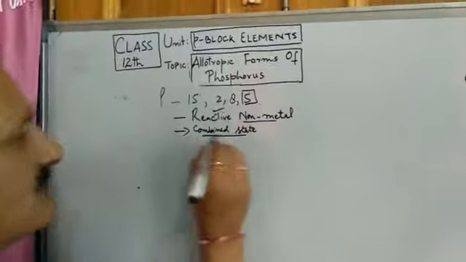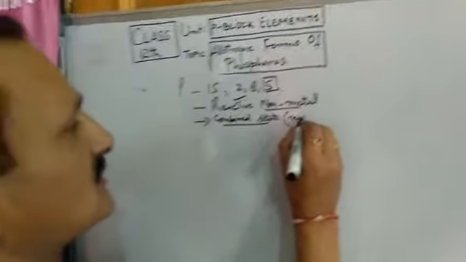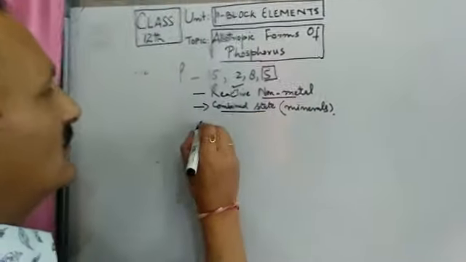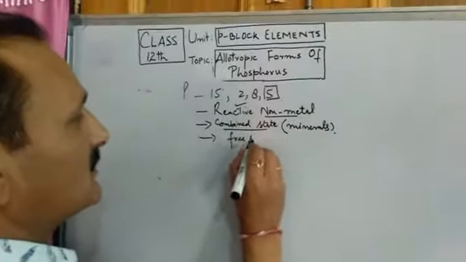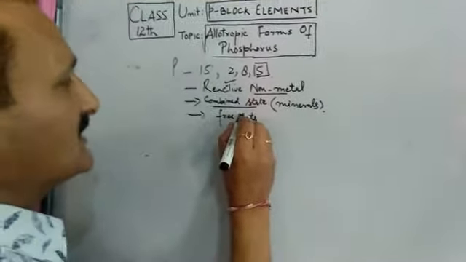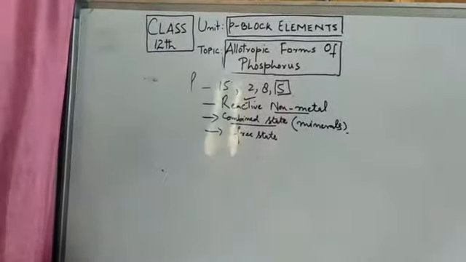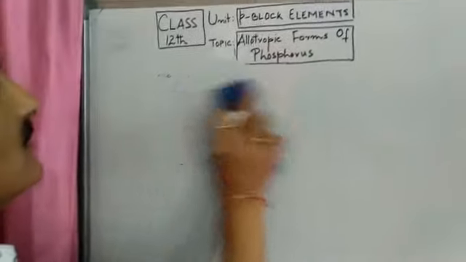So it is always found in combined state in various minerals known as phosphate minerals. We don't find it in free state, and the reason is very simple, that it is a very reactive non-metal. Now let me go directly to its allotropic forms.